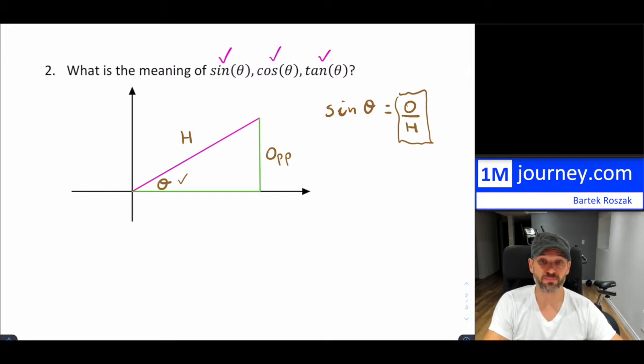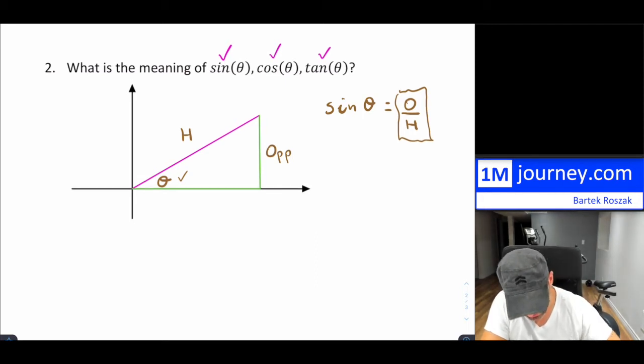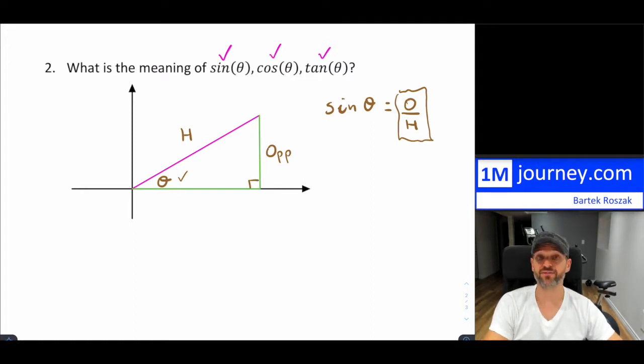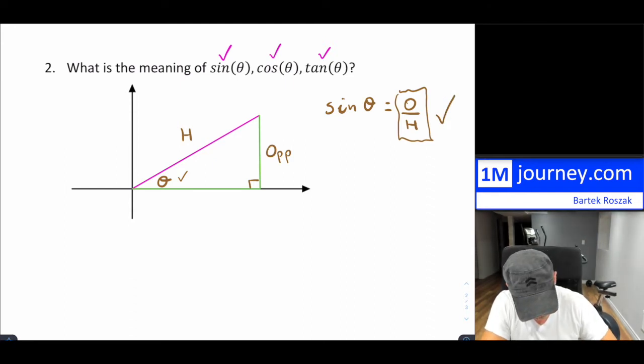And it relates back to any triangles that you like, as long as these triangles have a 90 degree angle right here. As long as we have these 90 degree triangles, this holds true. And that's the same thing for cos.